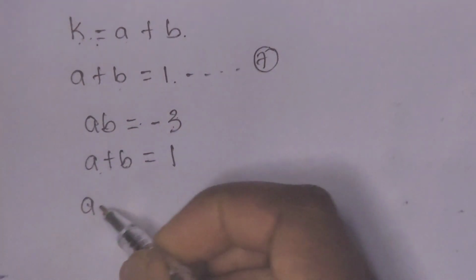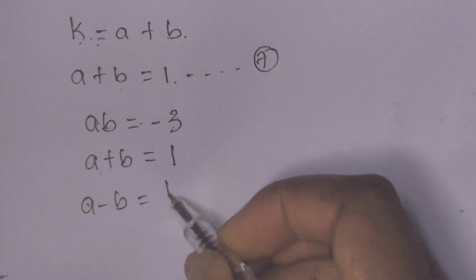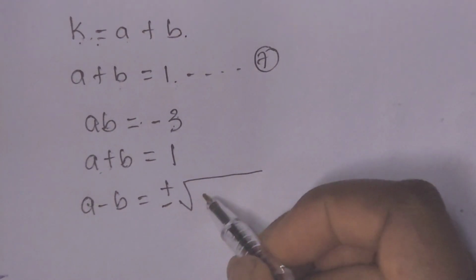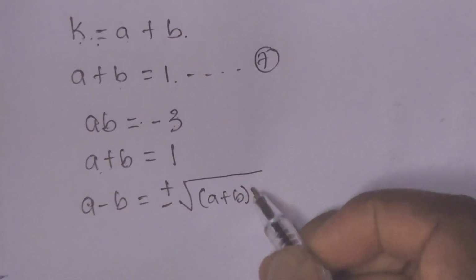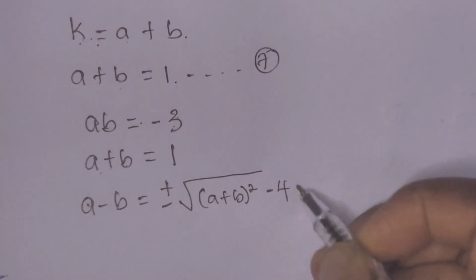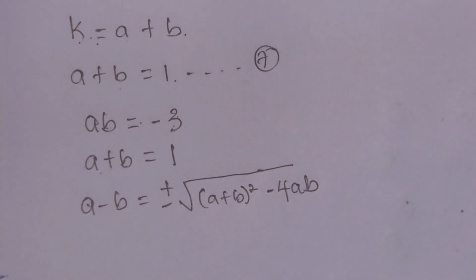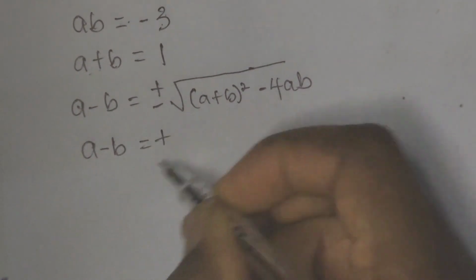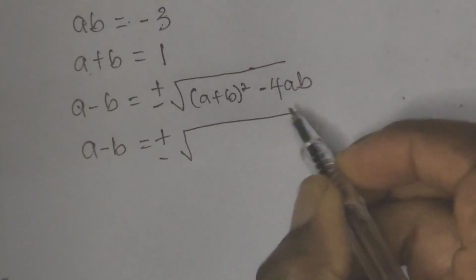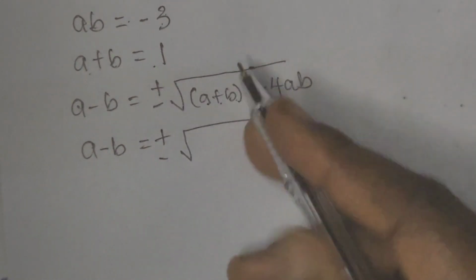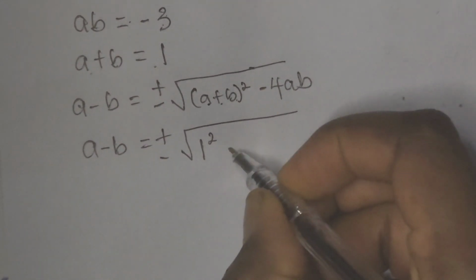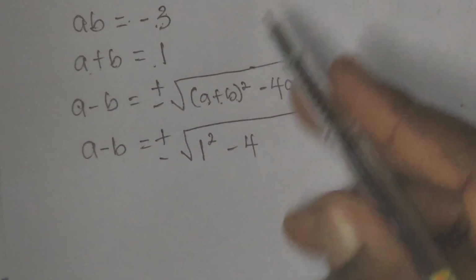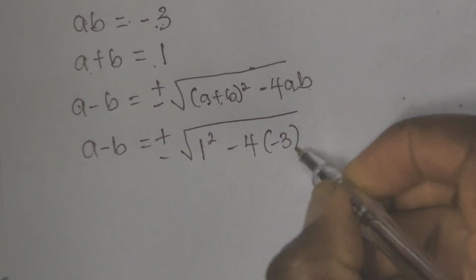So our a minus b will be equal to plus or minus the square root of a plus b all squared minus 4ab. So our a minus b will be equal to plus or minus the square root of, our a plus b is equal to 1, so we have 1 to the power of 2 minus 4 times our a times b, which is minus 3.